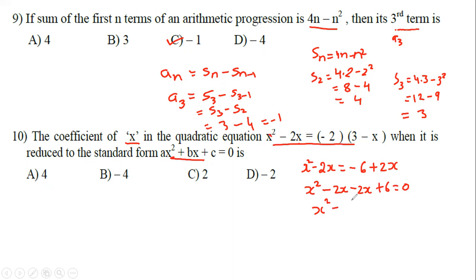So x square minus 2x, minus 2x, here also minus is there. So minus 2x minus 2x is minus 4x plus 6 is equal to 0. Here, what is the coefficient of x? Coefficient of x is minus 4. So which option is right? Option B is correct. Next sum.